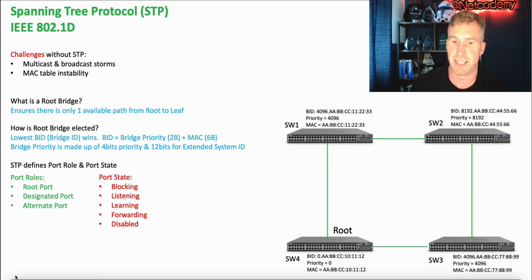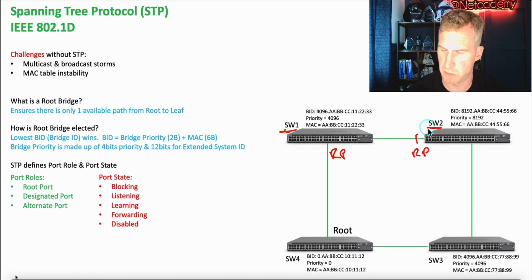What is a designated port? A designated port is a port that is not facing the root bridge. So let's look at it from SW1, we've got our root port here, and let's say this interface here is going to be the root port from SW2's perspective, and SW3 is going to have this interface here as a root port.